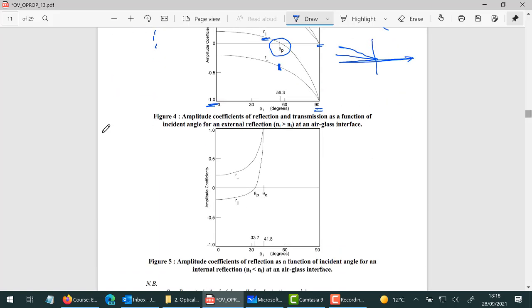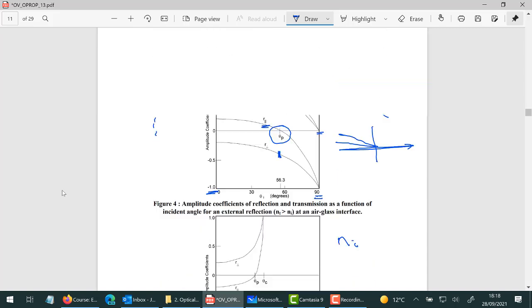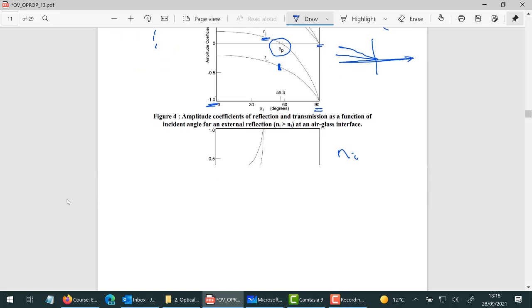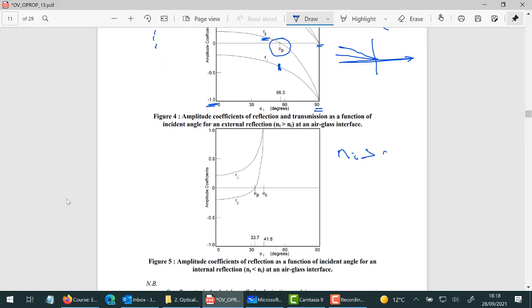This graph shows the case where Ni is bigger than Nt, and again, just looking at the reflection coefficients, you'll see again for the parallel component we go through Brewster's angle, and for both the parallel and the perpendicular components, we get to the point where we have the critical angle, total internal reflection, and so all the light gets reflected, and the reflection coefficient is 1.